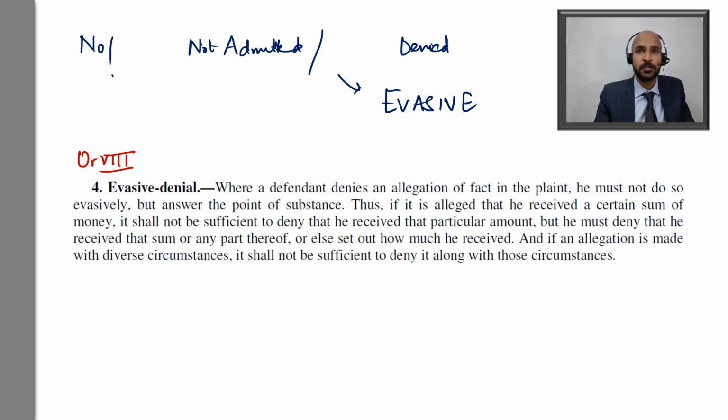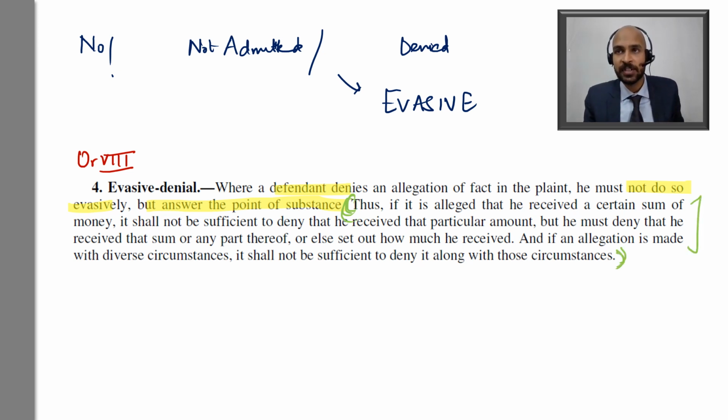Let's have a look at this. So it says that where a defendant denies an allegation of fact, he must not do so evasively, but actually answer the point of substance. What you could do right now is to pause the video and read this example.